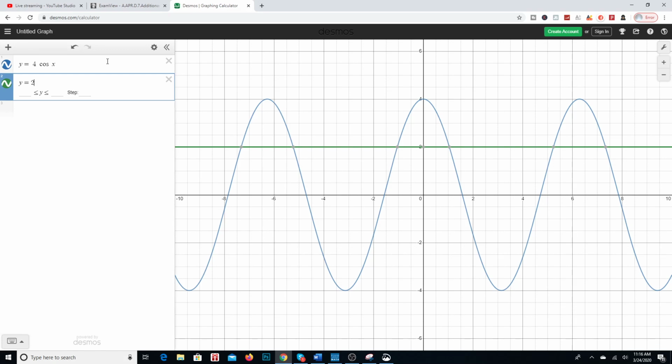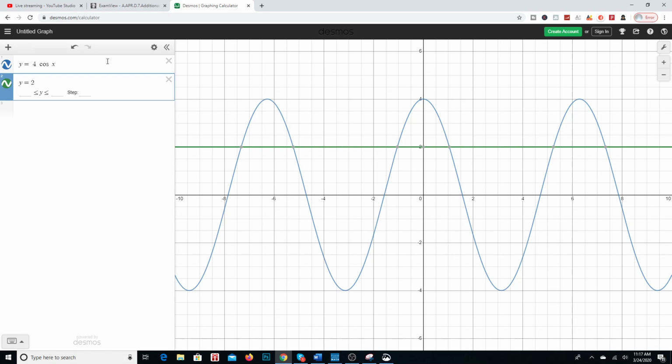Now you want to know everything when this graph is greater than or equal to 2. So it's greater than or equal to 2 from what range? If we're looking at this, 2 pi is going to be at 6. So in between the 2 and the 4, which is 3, that's going to be pi.